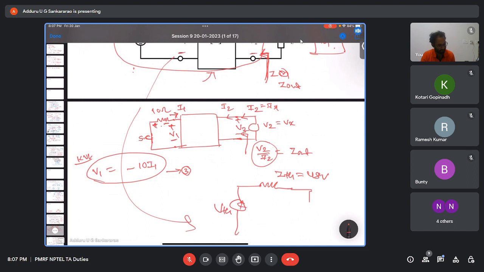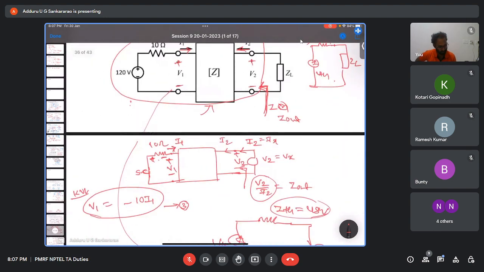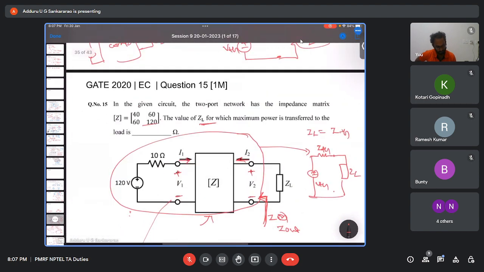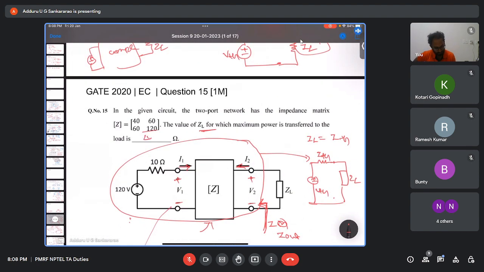We can find out VTH, and you have some ZL here. For maximum power transfer, what is the condition? When ZL equals ZTH, that is when the maximum power will be transferred. When ZL equals 48 ohm, then maximum power will be transferred. So the answer is 48 ohm.